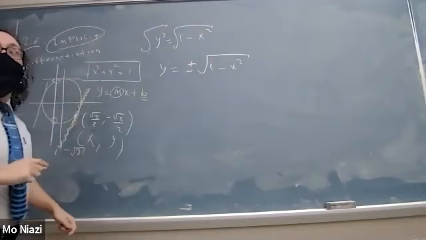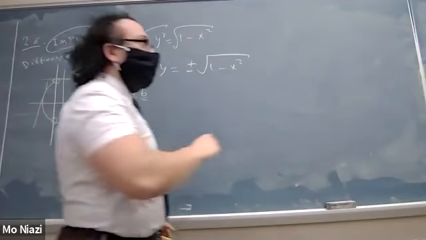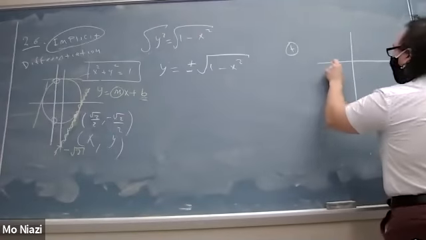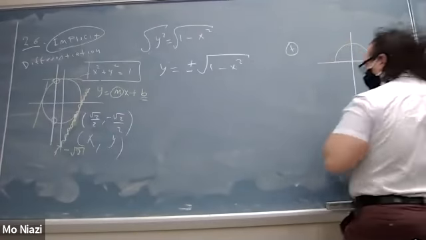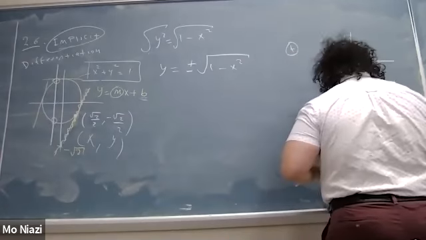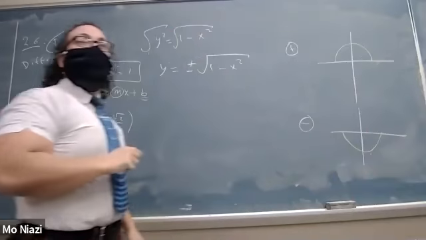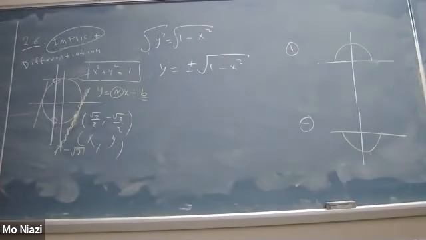When you take plus, you get this upper half of the circle. When we take minus, we get this lower half of the circle. So plus or minus creates the whole circle. But that's why it's not a function, because it can be both. Therefore, you have both, and it would disobey the vertical line test.